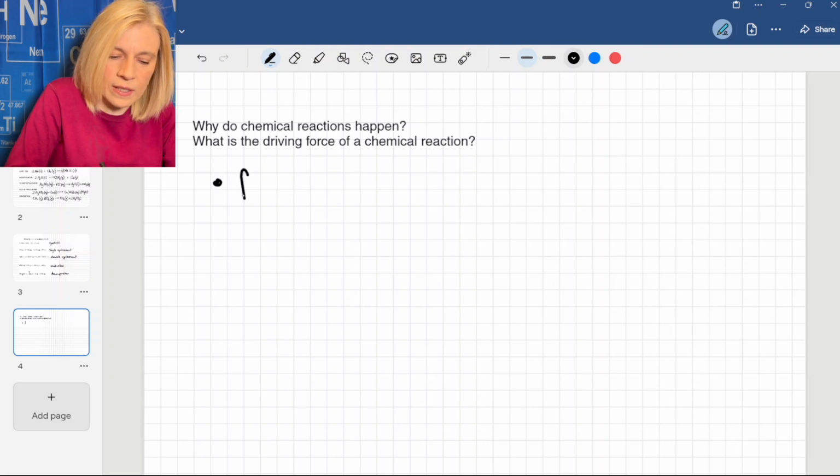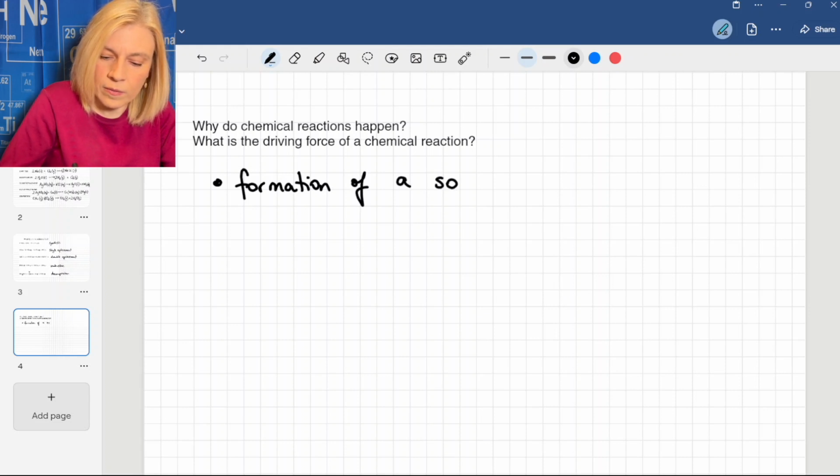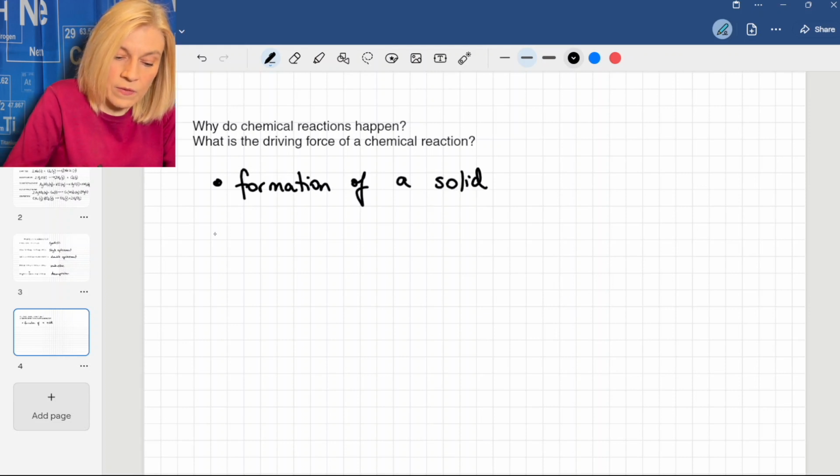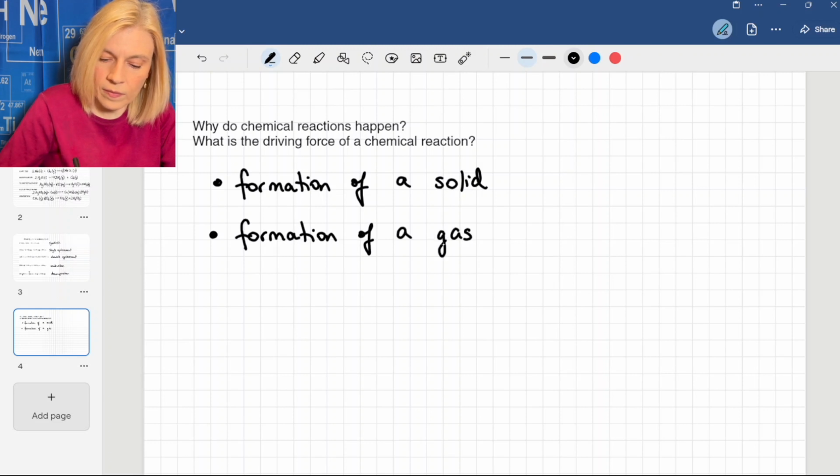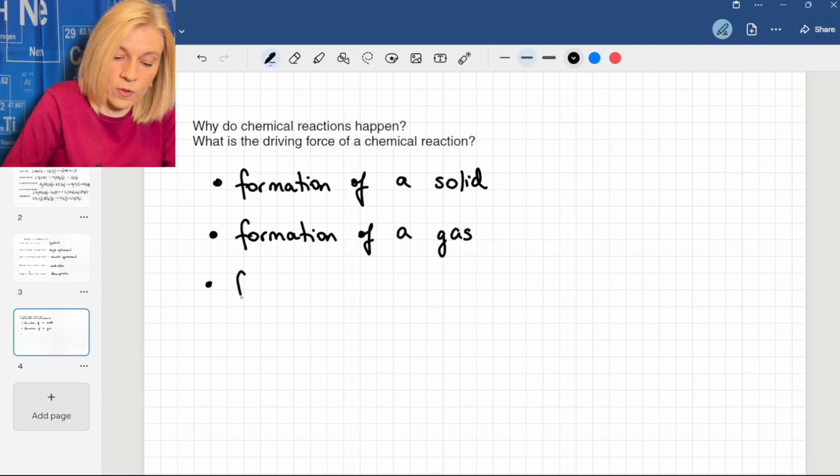One of them is formation of a solid. Then we can also have formation of a gas. And also formation of a liquid.